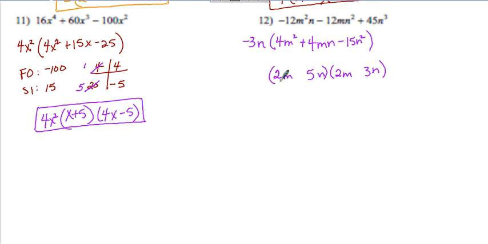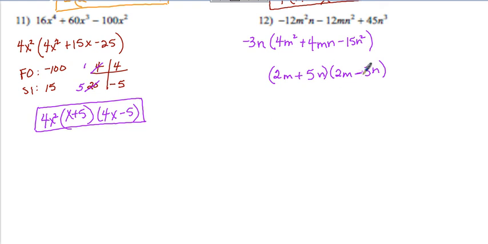If I multiply the 2m and this 3n, I'll get a 6mn, and this is a 10mn. So I probably need this 10mn to be a positive, so that I can end up with a positive 4. And I need this 2m times 3n to be negative, so that I'm taking the 10 of these minus the 6 of them.